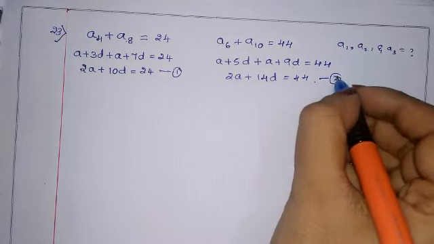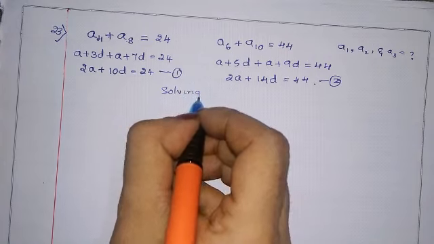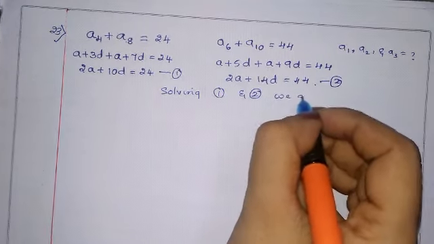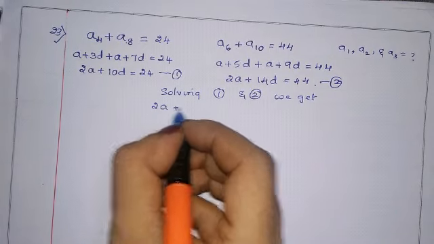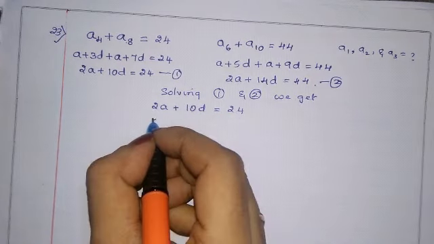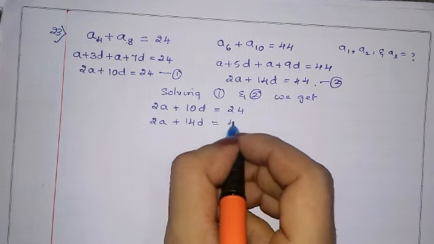Now, same as the previous problem, we solve 1 and 2. After solving 1 and 2, what will we get? 2a plus 10d is equal to 24, and 2a plus 14d is equal to 44.